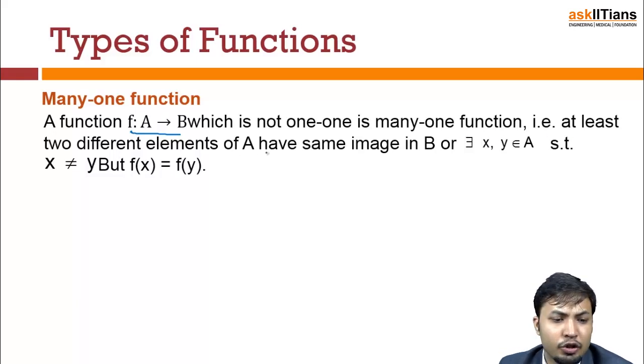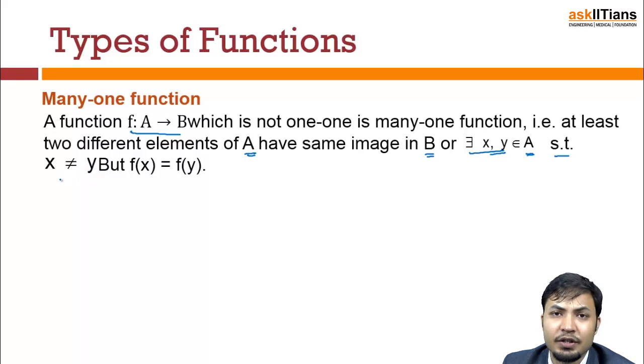That is, at least two different elements of A have the same image in B, or there exist x, y which belong in A such that x is not equal to y, but f of x is equal to f of y. It's very clear from the definition.